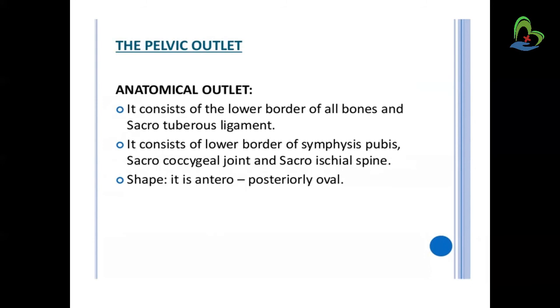We have seen in the figure where the ischial spine is. Together these form the lower border of the outlet. The shape is anterior posteriorly oval. This was the anatomical outlet.